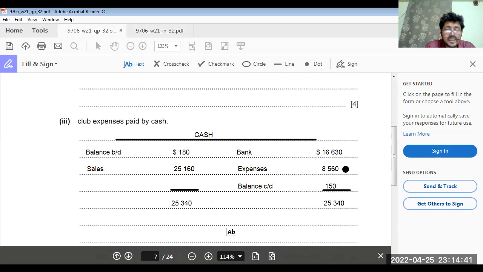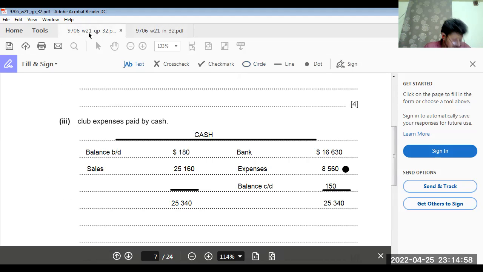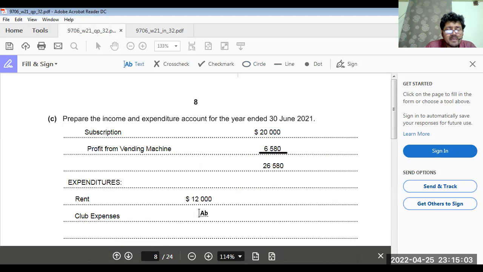Here it is. 8,560 plus what is given in the question? 5140. 13,700 is the amount of total club expenses. Okay. What else?